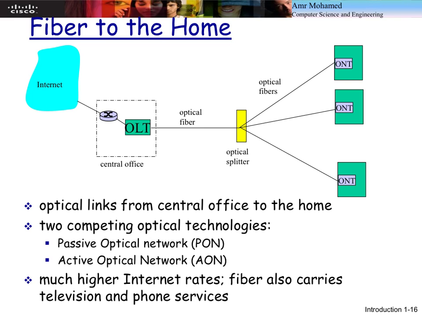Our home network is here, so we have wireless routers, wired routers, and so on, and all of this gets fed to the ONT. The ONT will convert these electrical signals to optical to send through fiber optics.